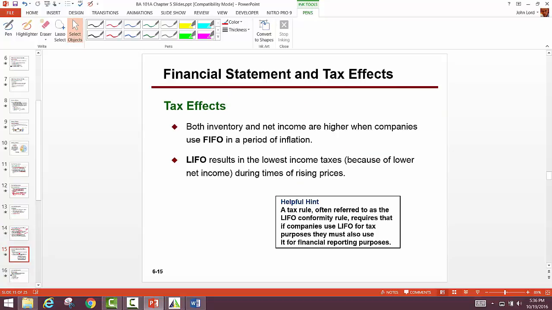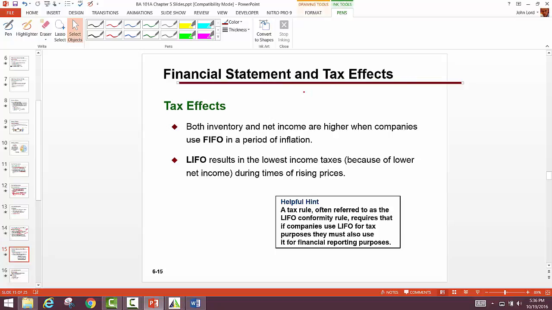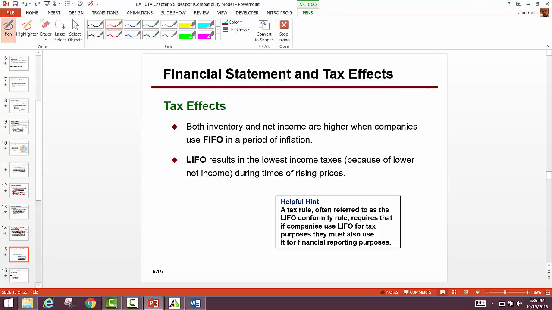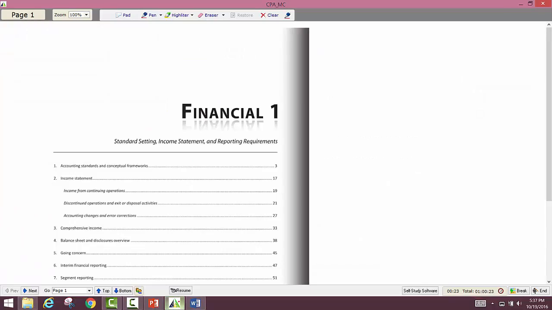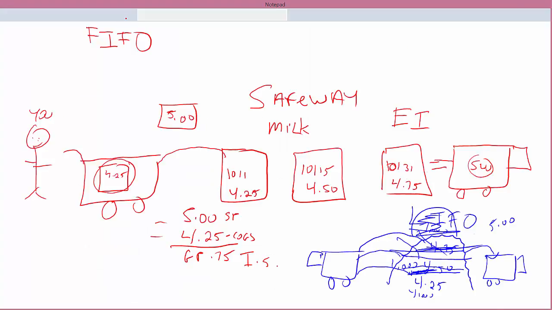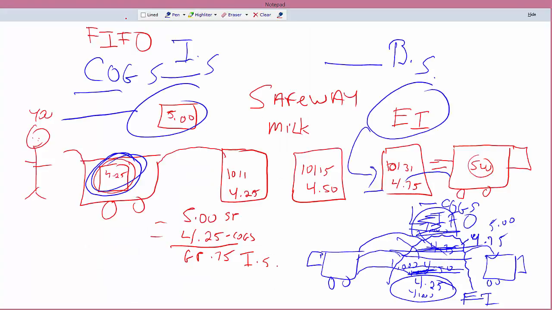They don't tell me anything about the income statement here. They move straight to tax effects. Let's just do it. For the income statement, what's happening? Income statement now, let's just look first at the picture. Okay, income statement, what's happening? We're reporting our cost at $425, aren't we?